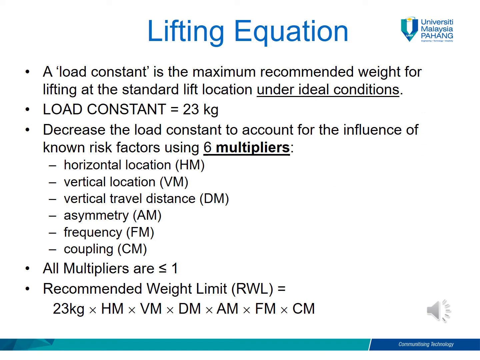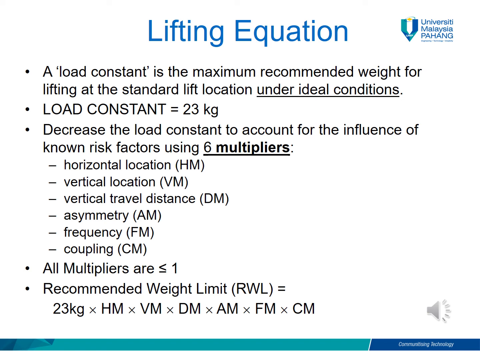We have come to the end of the lecture on the NIOSH lifting equation. Here are some tips and additional information. The load constant is the maximum recommended weight for lifting at the standard lift location under ideal conditions.